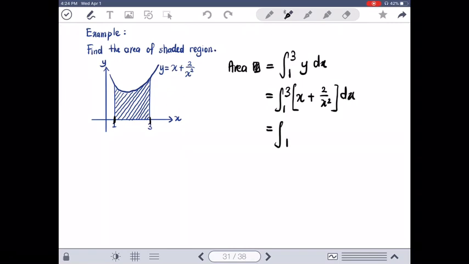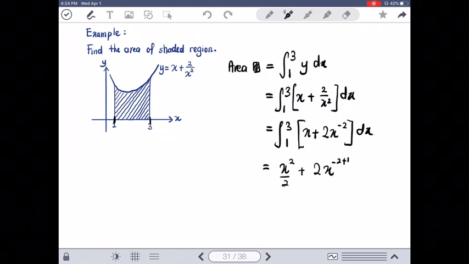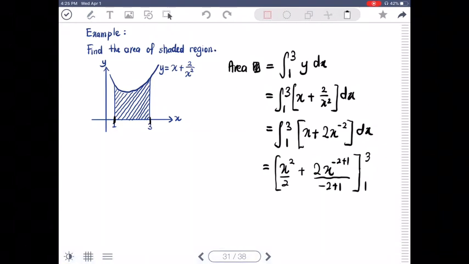Remember, this is the integration from 1 until 3 of x plus 2x to the power of -2 with respect to x. So we integrate like usual. We will get x squared over 2 plus 2x to the power of -2 plus 1 over -2 plus 1, from 3 to 1.